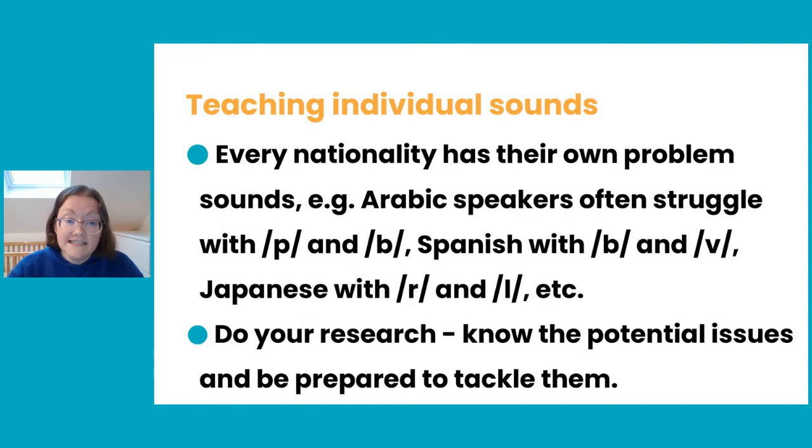So every nationality will have their own problem sounds. Okay, even Irish people. Okay, with our t and th. Okay, we will all have the issues no matter where we're from. Here are some common examples. Arabic students often struggle with the difference between p and b. Okay, Spanish speakers can often struggle with b and v.